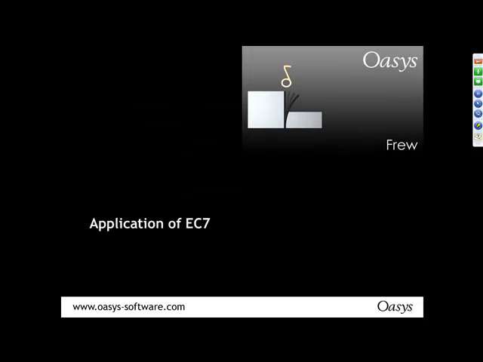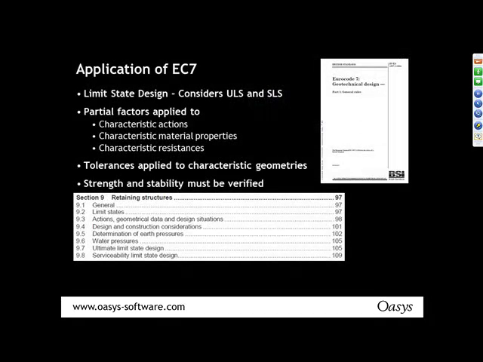I also wanted to touch upon EC7. Again, there is another presentation which covers this in a lot of detail, but Frew allows you to apply partial factors. You can apply partial factors to British standards, to CIRIA guides, but Eurocode 7 is very pertinent now, and Frew incorporates the factors for Eurocode 7 for a quick and easy design. Eurocode 7 is limit state design.